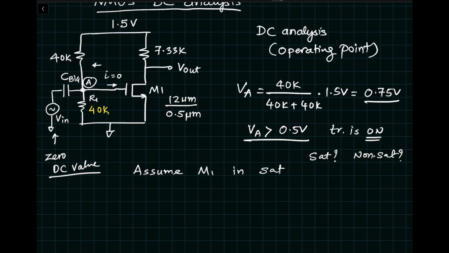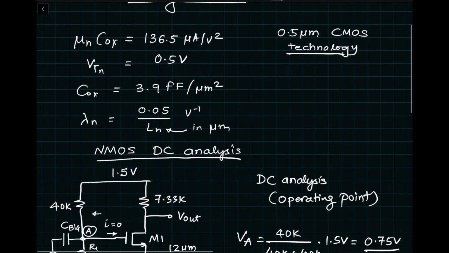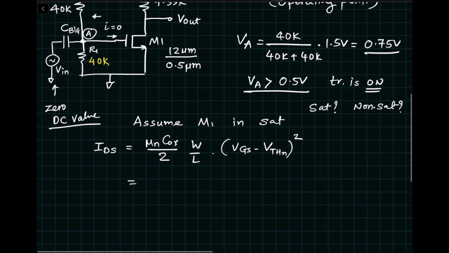Now you have to remember the equation for saturation region, which is IDS is equal to mu n Cox divided by 2 W by L times (VGS minus VTHn) squared. We already know from the previous page the mu n Cox value, and we know VTN value, and we know lambda n value. So we are going to put all those things together here.